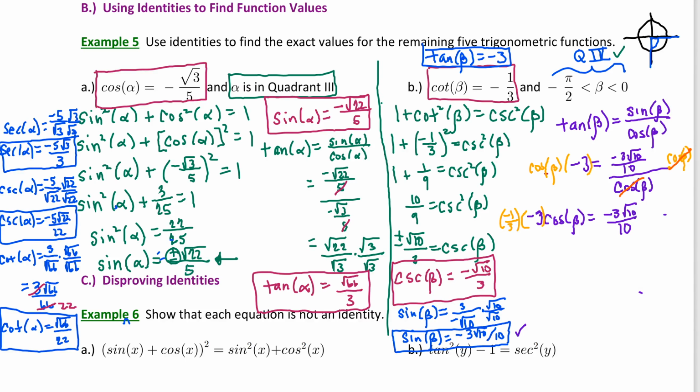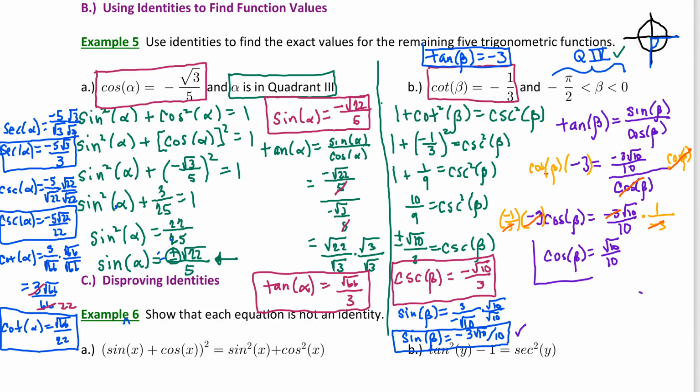Because we have fractions here, I think the easiest approach is to think of it as multiplying by negative 1/3. This is going to isolate the cosine on the left and cancel the negative 3 on the right. Therefore, we can say cosine of beta is equal to positive square root of 10 over 10.